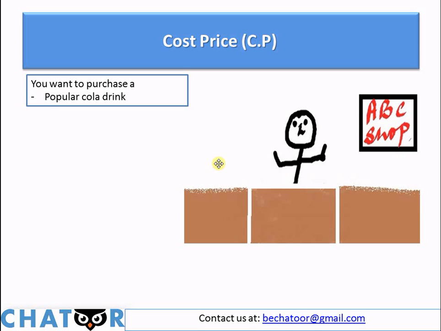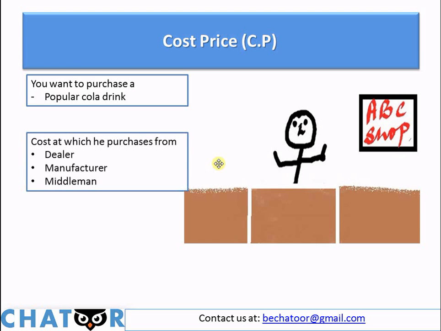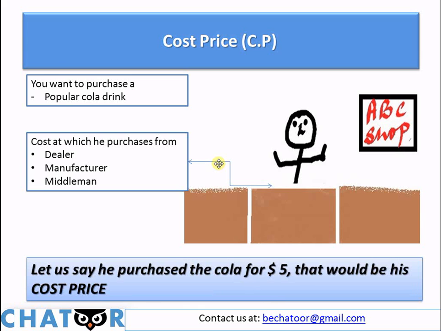The seller, on the other hand, has to acquire it from somewhere because the cola drink is not manufactured by him. So he would most probably be acquiring it from a dealer or a manufacturer or a middleman. And the price that he pays to these people for acquiring that one bottle of cola is his cost price.